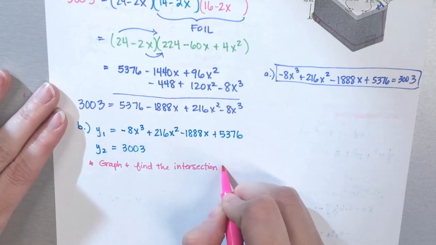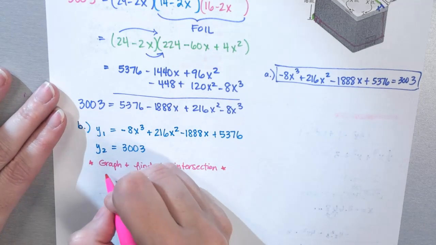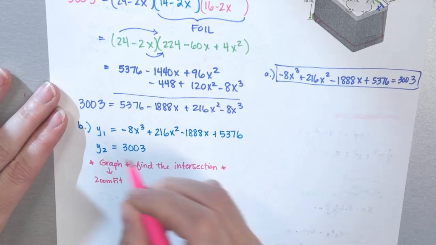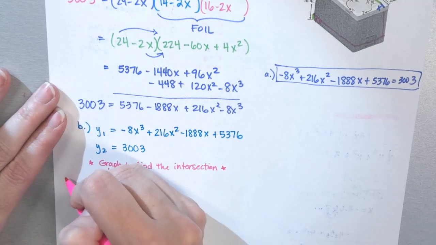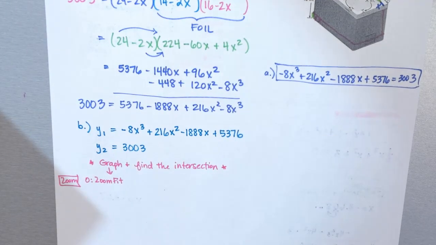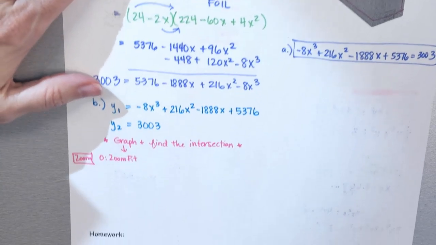Okay, so we're going to graph and find the intersection. When you are graphing, we're going to use the zoom fit, which is 0. So if you hit the zoom button and then go to zoom fit, you're going to be able to see the two lines.